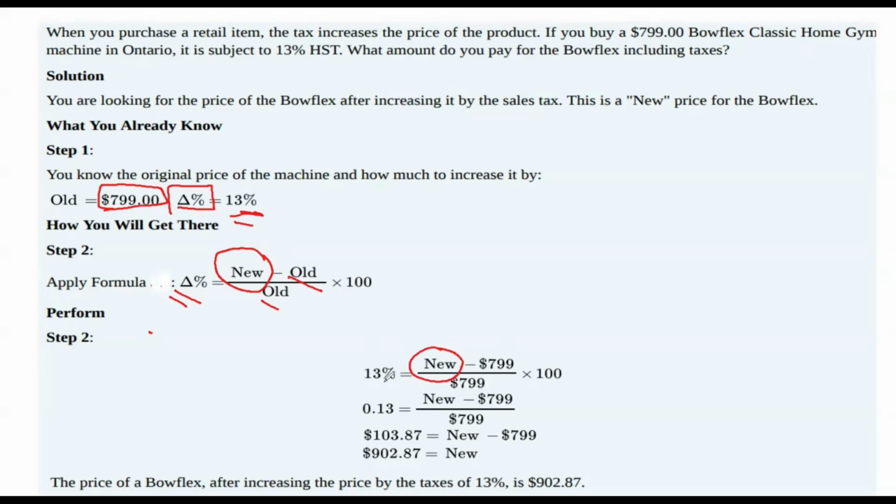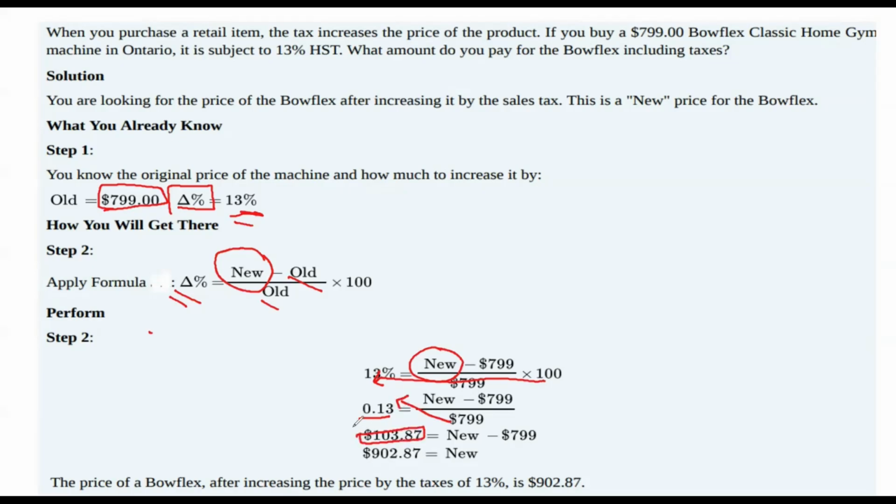So I put it in the formula. The 13% is 0.13. You take it over 100 and divide. Then you take this 799 and multiply by the 0.13, and you get 103.87.